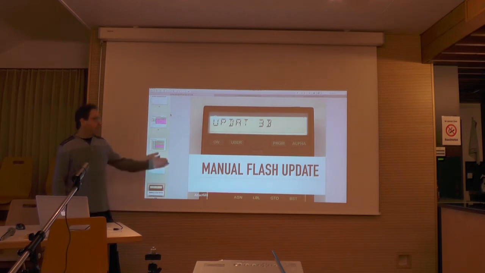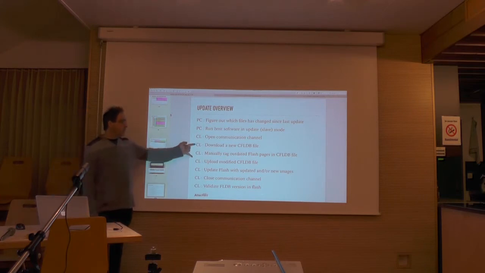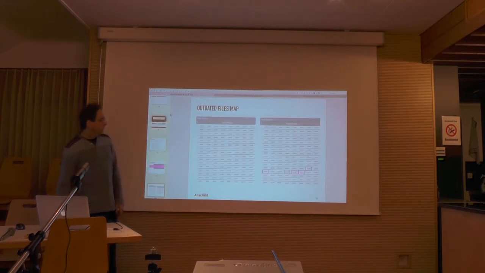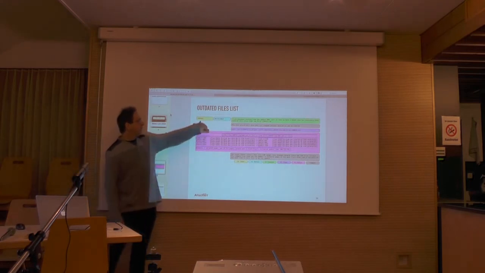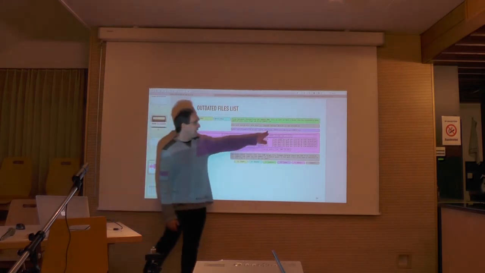So you've got manual flash update. Basically, manual flash update is the same as automatic, but instead of doing the automatic scan, you download the database file manually, you tag the files, and then you upload the file, and then the update is the same. So basically, I check the FDB version. Mine was September 25th. Then I download the latest version, which was the 28th. I do a diff.